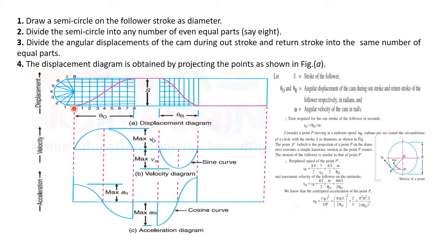Here we have taken theta naught, the out stroke or rise stroke, and divided it into equal parts related to the semicircle. As the semicircle is divided into 8 parts, we have divided the out stroke into 8 parts.